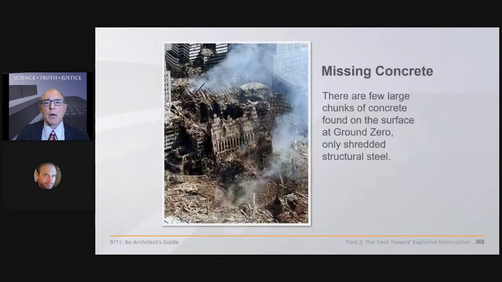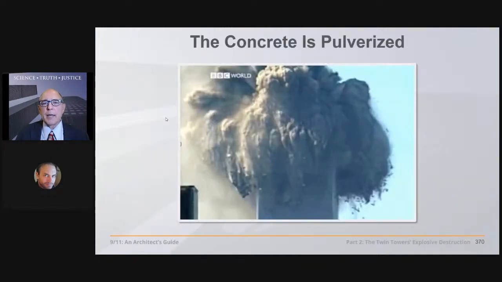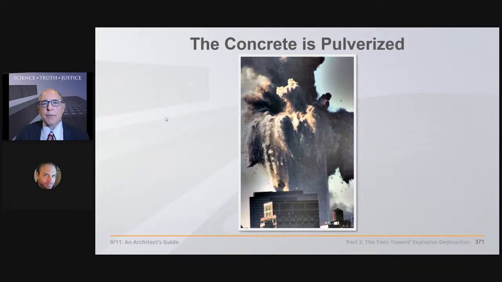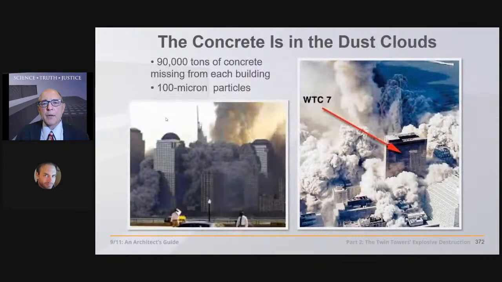Where is all the concrete? Well, we have to go back to the photographs to find it and the videos. It's found in midair, pulverized to a fine powder. In all the photographs and all the videos, we see where the missing 90,000 tons of concrete is.